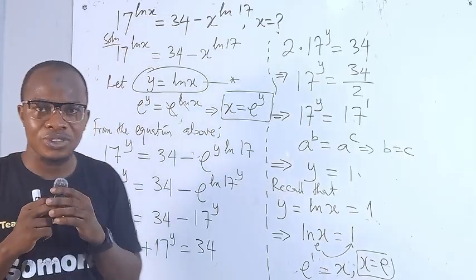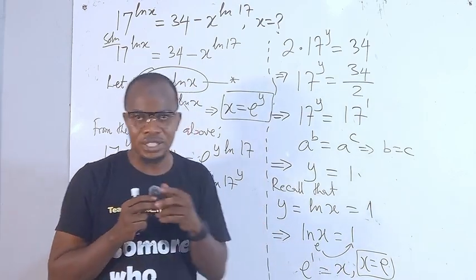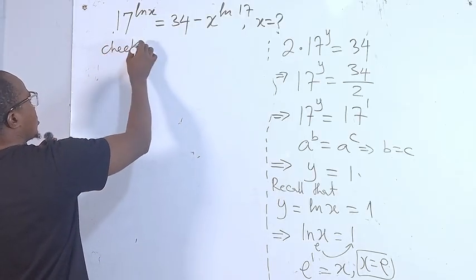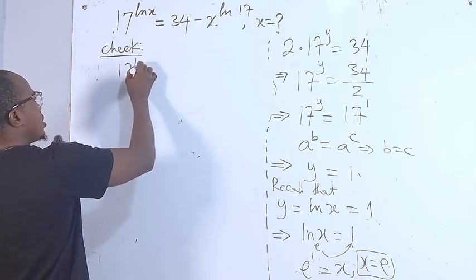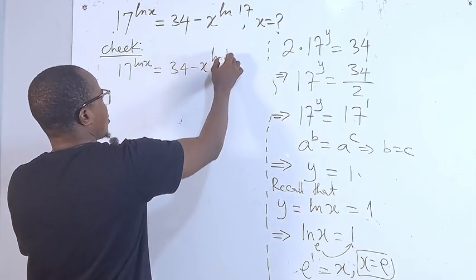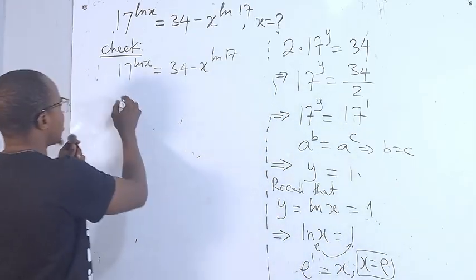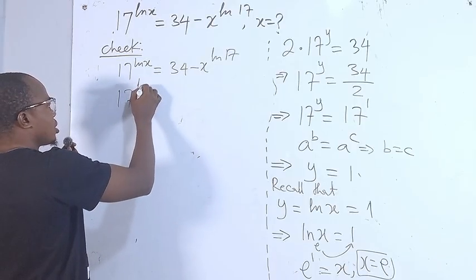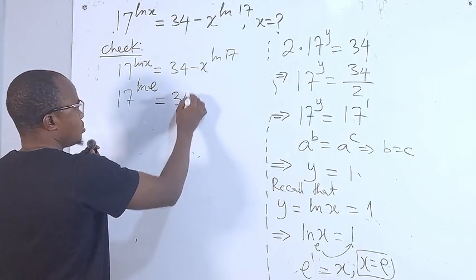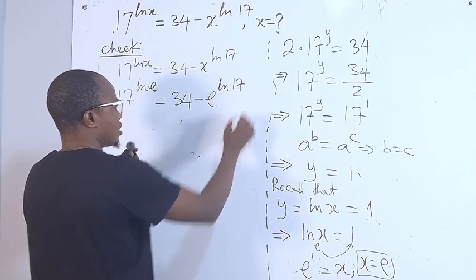So let's see whether x is actually e. Check. 17 ln of x equals 34 minus x ln of 17. So whenever you see x, you put e there. 17 ln of e equals 34 minus e ln of 17.